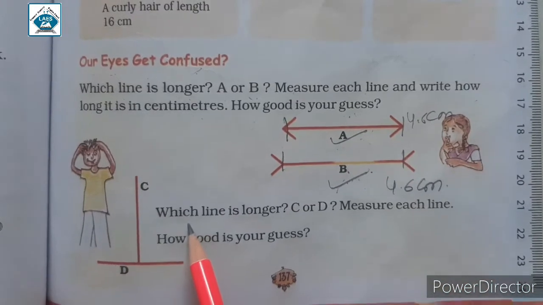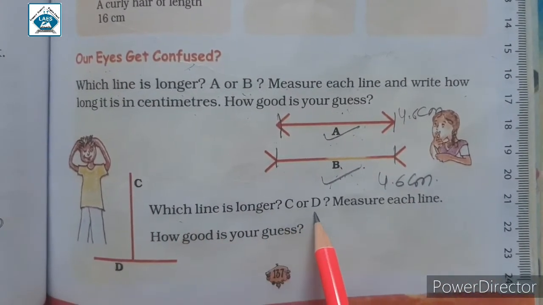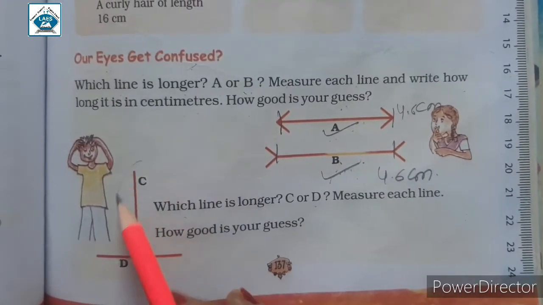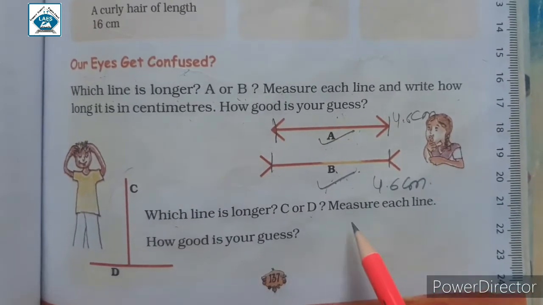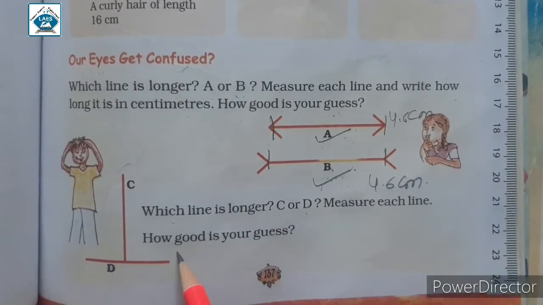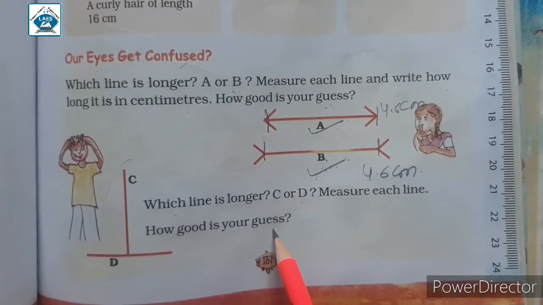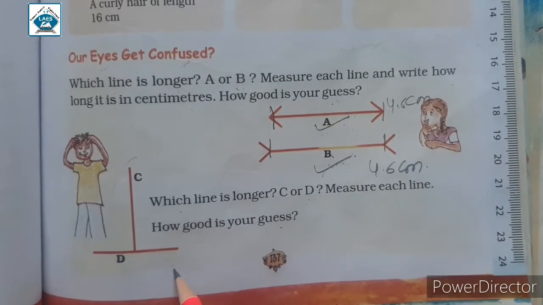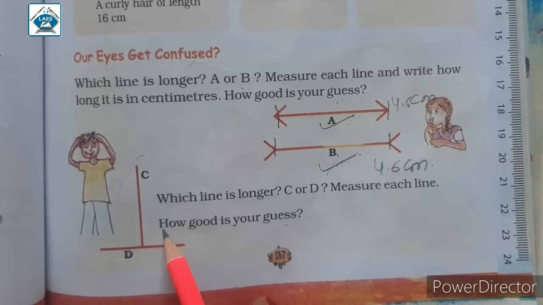Another one is here. Which line is longer, C or D? So this is line C and this is line D. Measure each line. How good is your guess? At first view, once again anyone can see that C is longer, but it's not true.